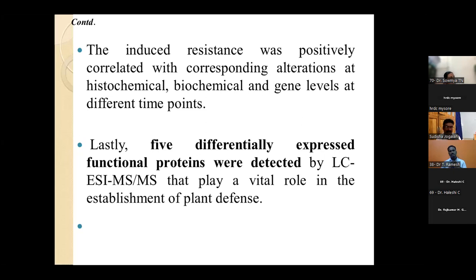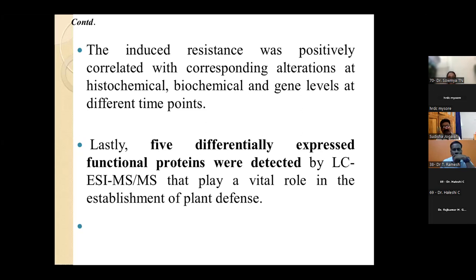And finally, if the pathogen overtakes the histochemical and biochemical levels, it leads to the genomic level. That is the genetic material. The differential genes will be activated at the transcriptome level, and the defense genes will not allow the pathogen to colonize into the host plant.